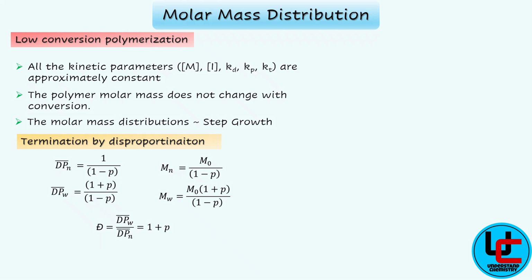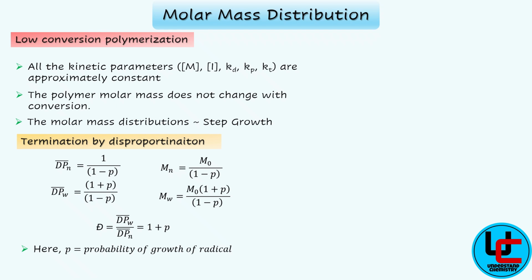This is the same equation as we found for step growth polymerization. The difference in the use of this equation for radical chain polymerization compared to step growth polymerization is the redefinition of P. Here, P is the probability that a propagating radical will continue to propagate rather than terminate.